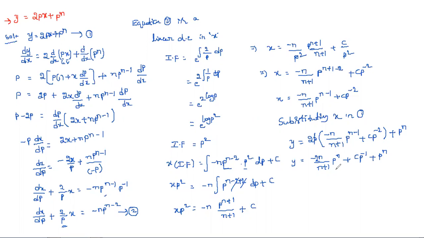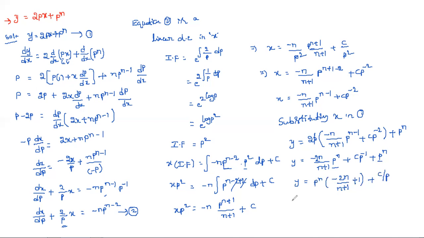Therefore y is equal to, in these terms p power n is the common one. If you take that as common, what will we get? Minus 2n by n plus 1 plus 1, plus c p power minus 1, which is simply c by p.